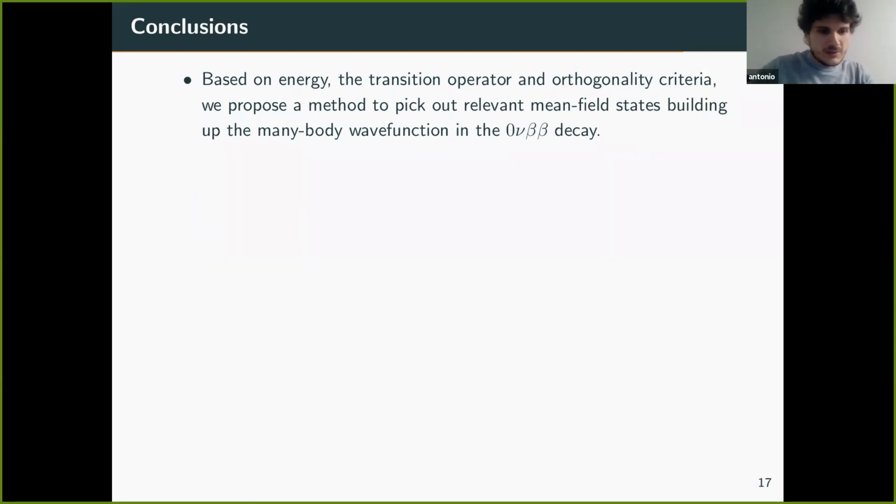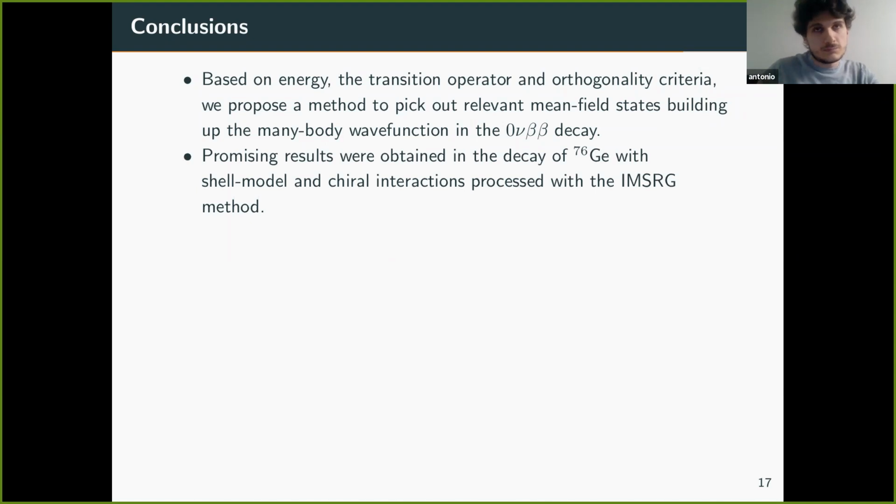This method depends on the energy of these states, on the double beta decay operator, so this transition operator, and the orthogonality between all of these states. So we don't want them to be very linearly dependent.